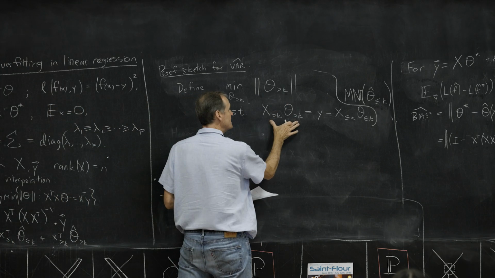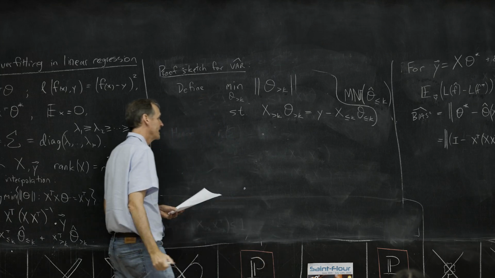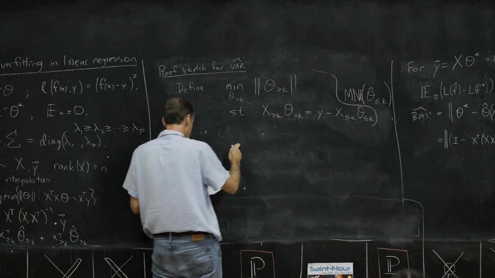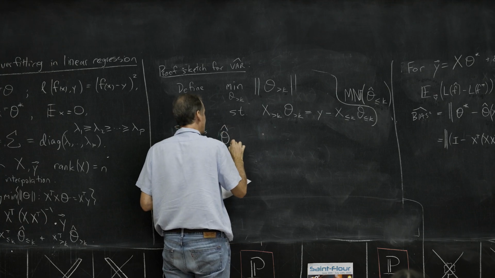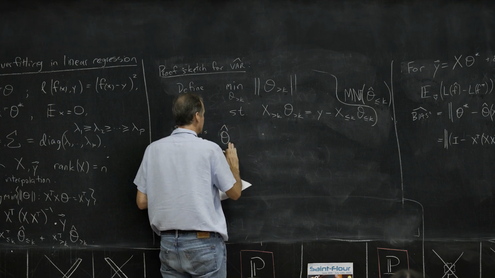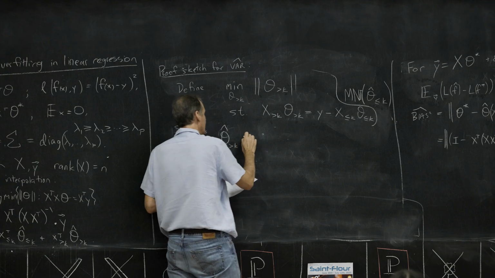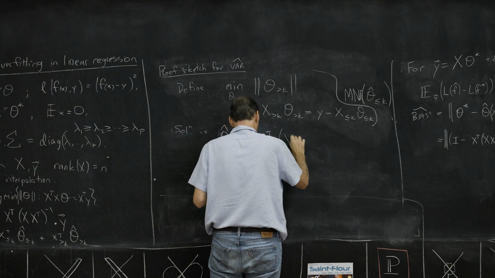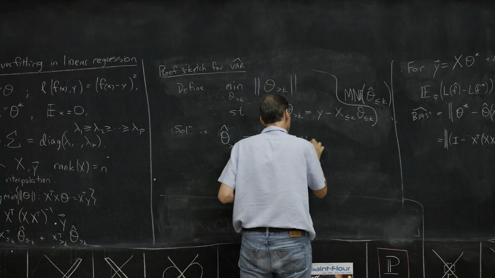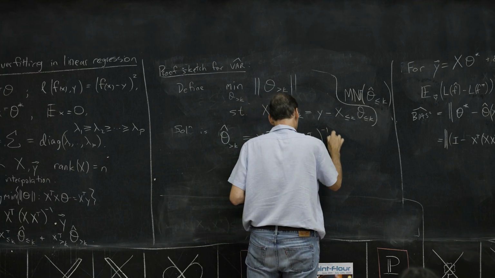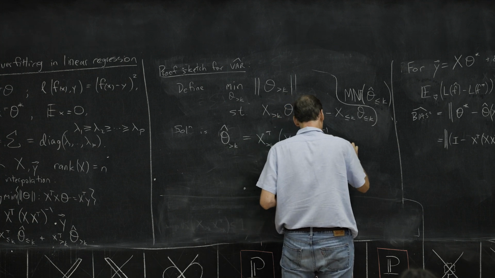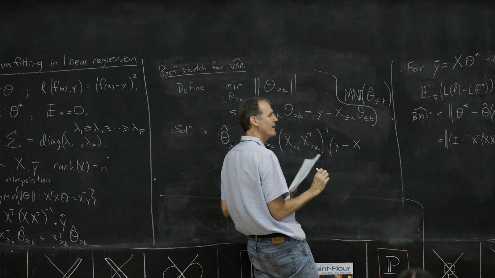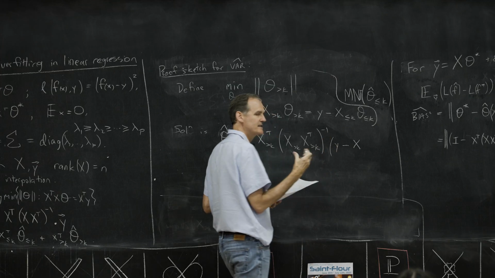It's just a minimum norm interpolation problem. We're wanting to get that interpolant, so the solution is just, I'll write it as theta hat greater than k, and it's this thing. We need to know that we can invert that, but we're in a situation where the condition number is nice.